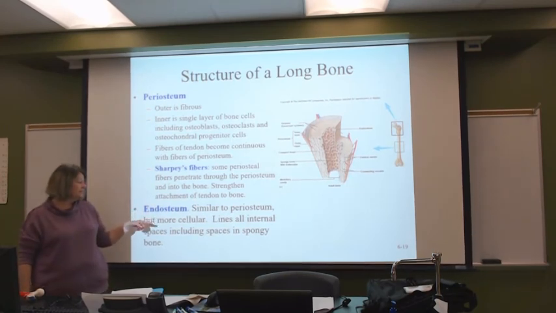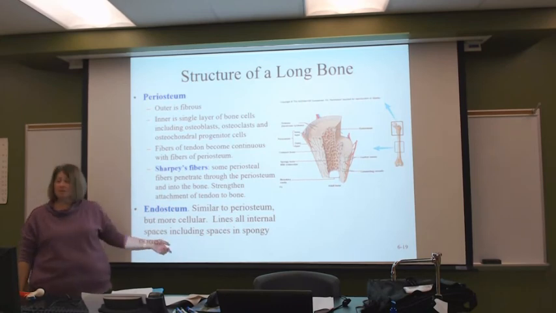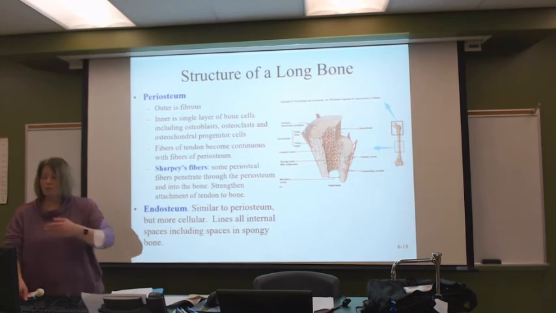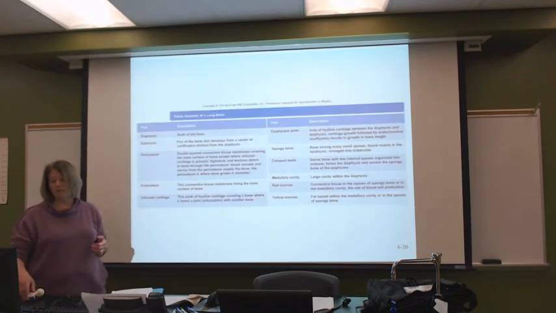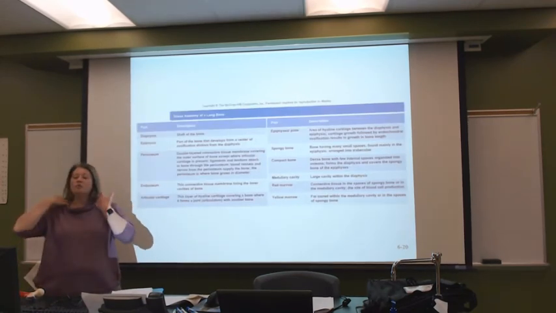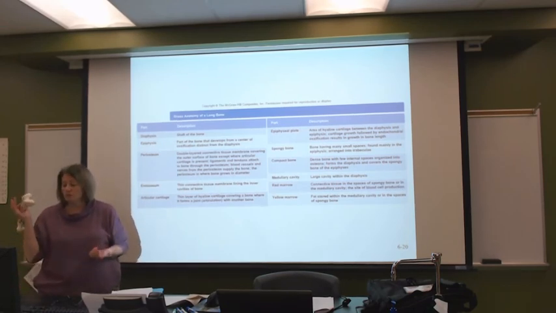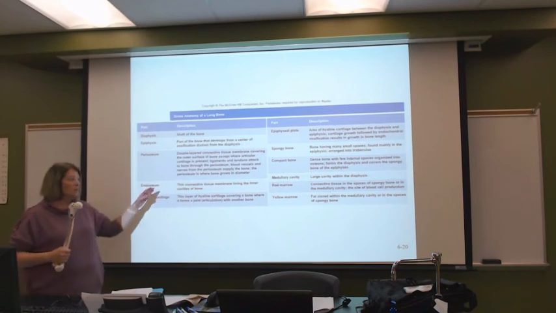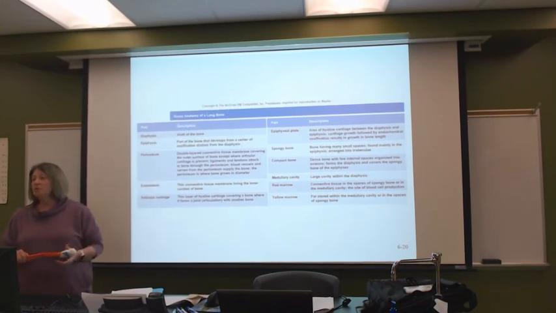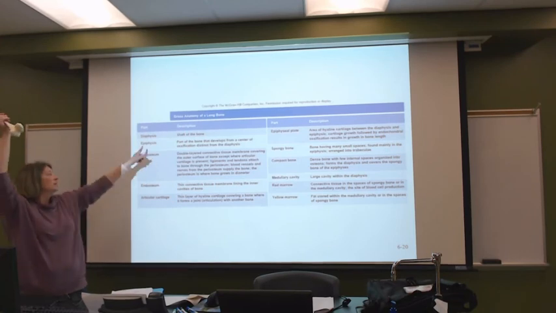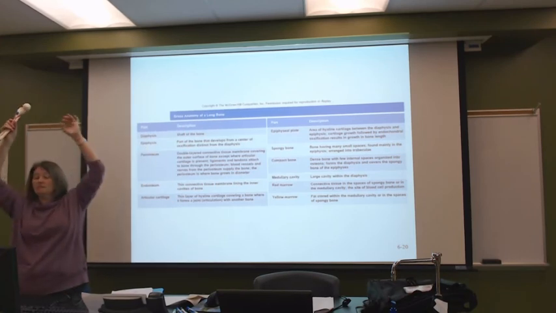The endosteum is very similar, but it's on the spongy bone, which is what we were trying to show with our models right there. So if we begin to think about the long bones, these are the parts I want you to be familiar with: diaphysis, the shaft portion; epiphysis, the ends.